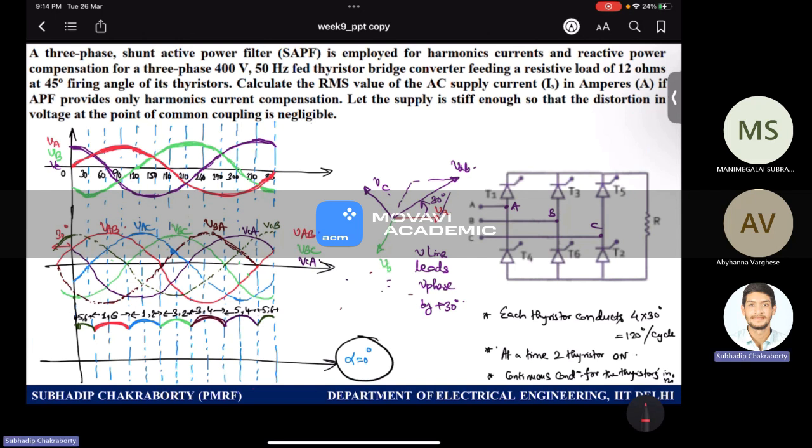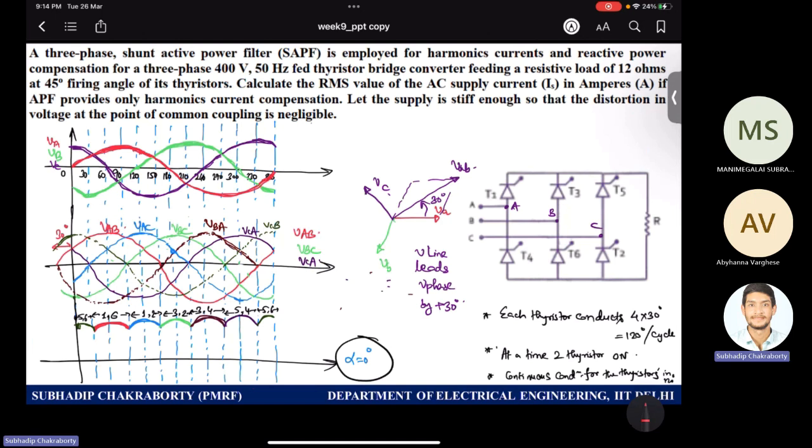Have you read the problem? Yes, sir. It is asking to calculate the RMS value of the AC supply. As you understand, as you change alpha, your average voltage or RMS voltage all will change.